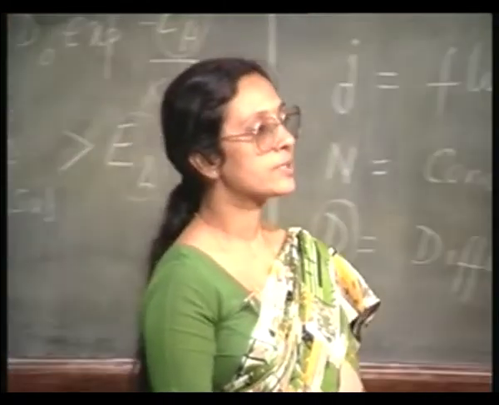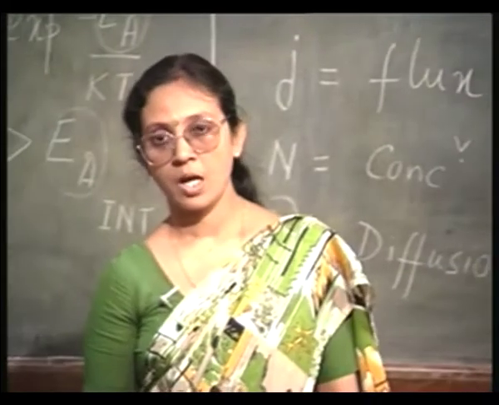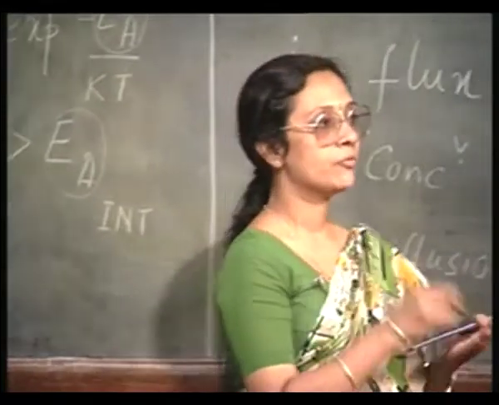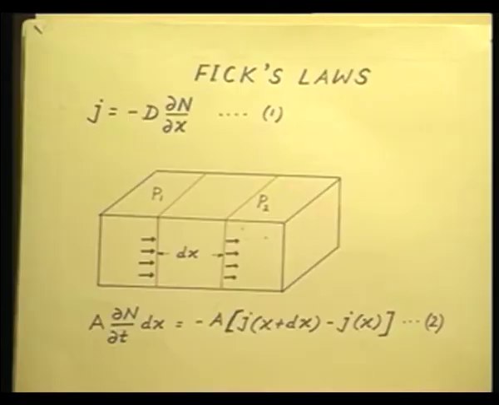Now, Fick's second law. In order to understand Fick's second law, again we have to look at the movement of the dopant atoms through this parallelepiped. Imagine that this is the crystal extending in this direction. Okay? The dopant atoms are moving from the left to the right. Agreed?